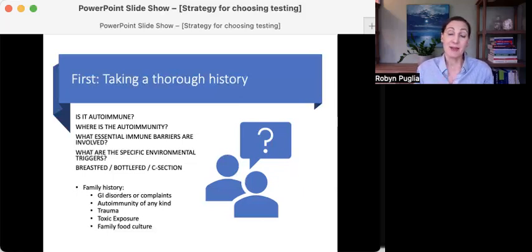And then the 3 legs of the stool for autoimmunity are genetic predisposition, which we're not going to be using Cyrex to understand more about, and then immune system dysregulation and barrier permeability, which is part of the Cyrex assessment guide. And then lastly, what is the environmental trigger? There are 4 categories of environmental trigger. We've got stress and trauma, and then we also have toxins, infections, and foods.